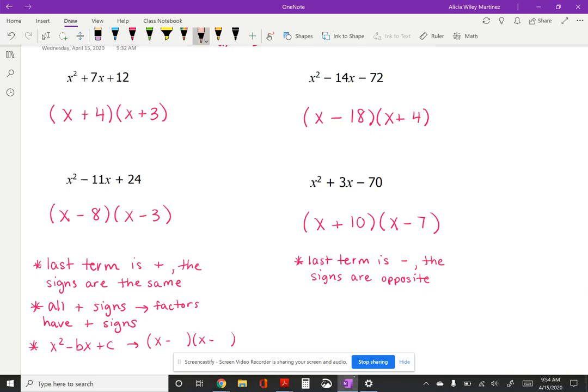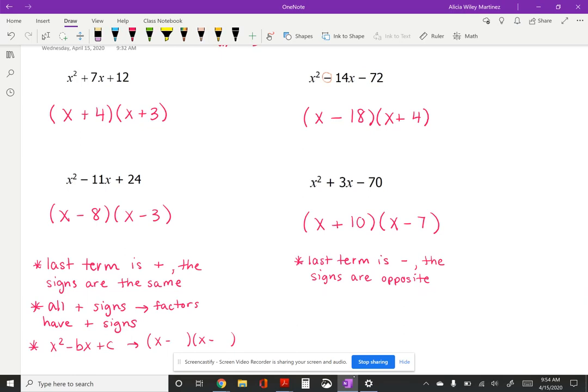Specifically to this example up above, when both of the signs are negative, something to realize is that if the last term is negative, they have to be opposite. If the middle term is negative as well, then what you will see here is that the bigger of these two values ends up being negative.